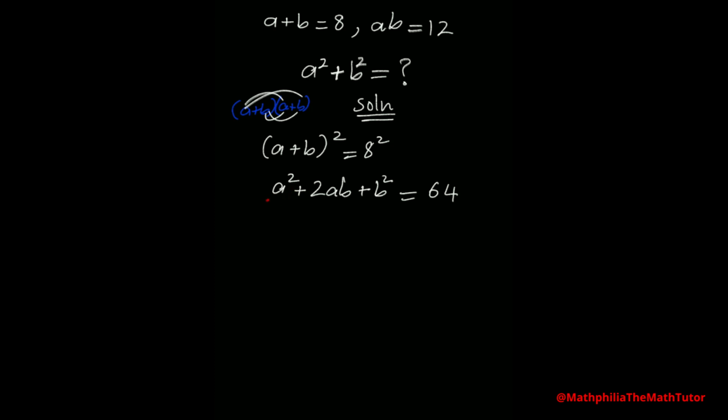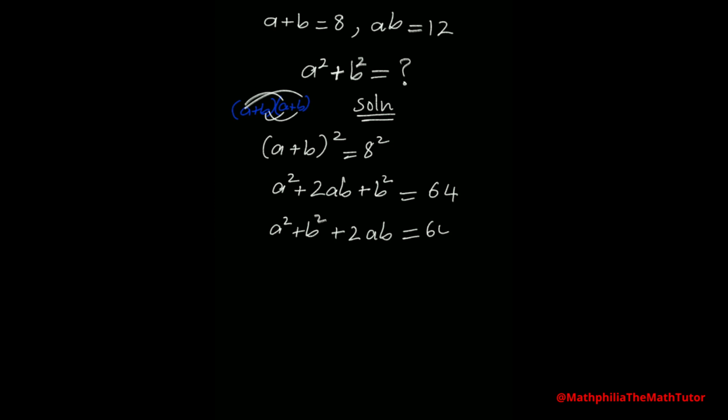Well, from here, we begin to see similarities. We have a squared, b squared. We also have, in fact, ab in our equation. The ab is being multiplied by 2, by the way, but that is not a problem because we know the value of ab, and then we want to find the value of a squared plus b squared.